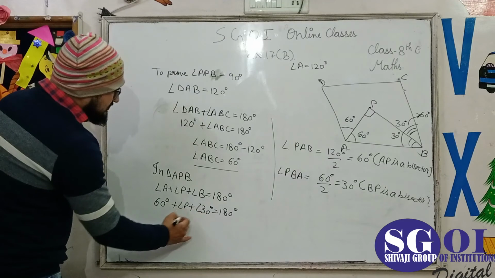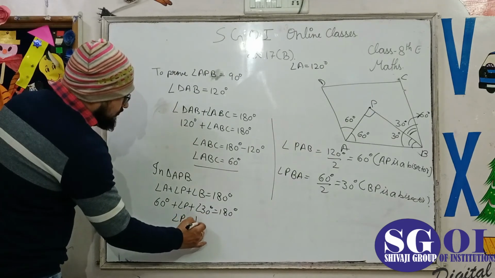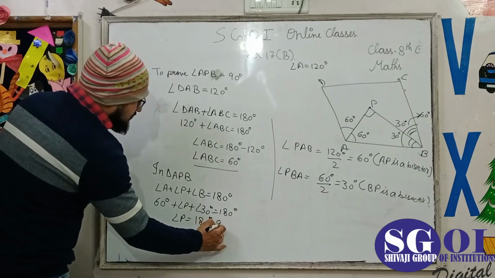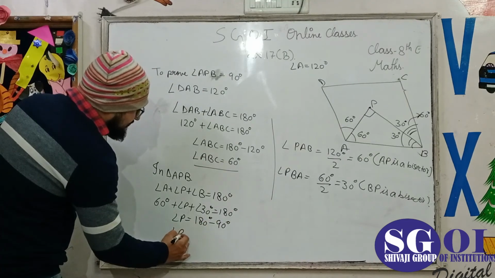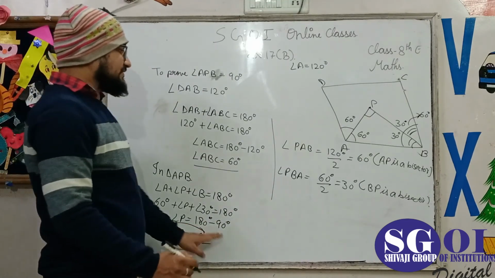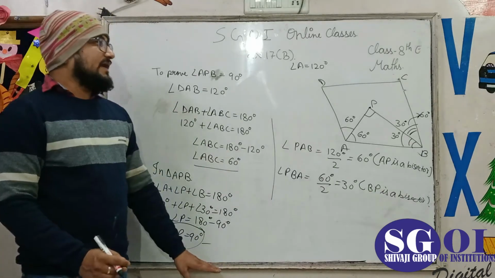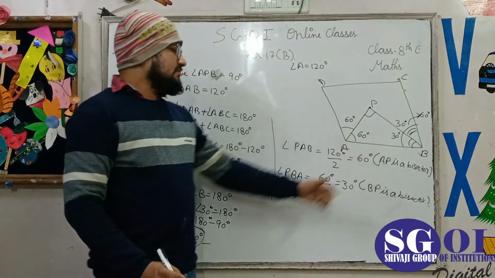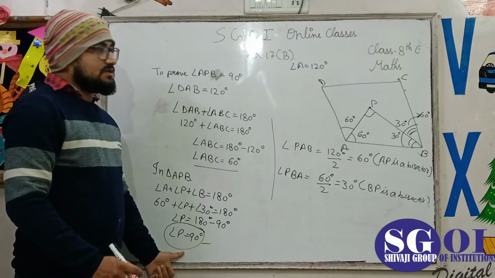This will be 60 plus 30, that is 90. Angle P will be equal to 180 degrees minus 90. Therefore angle P is equal to 90 degrees, and this was only required to be proved in the question. So we can clearly say that this angle APB will be equal to 90 degrees.